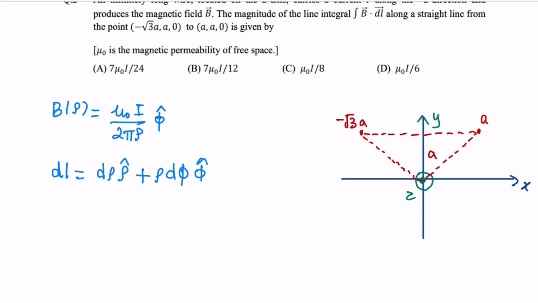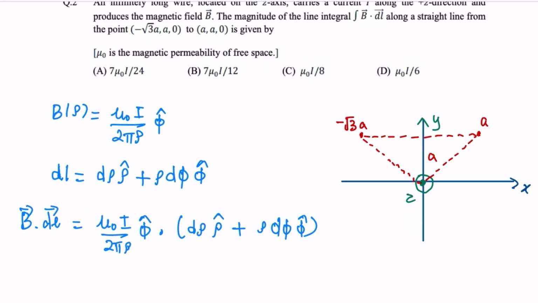Okay, let's first take a dot product. If you take a dot product, this with this will cancel out, and with this will become 0. So the only thing that will remain is this d phi, and you will be left with 2 pi rho d phi. This would go away because you're taking a dot product, so this becomes a scalar.